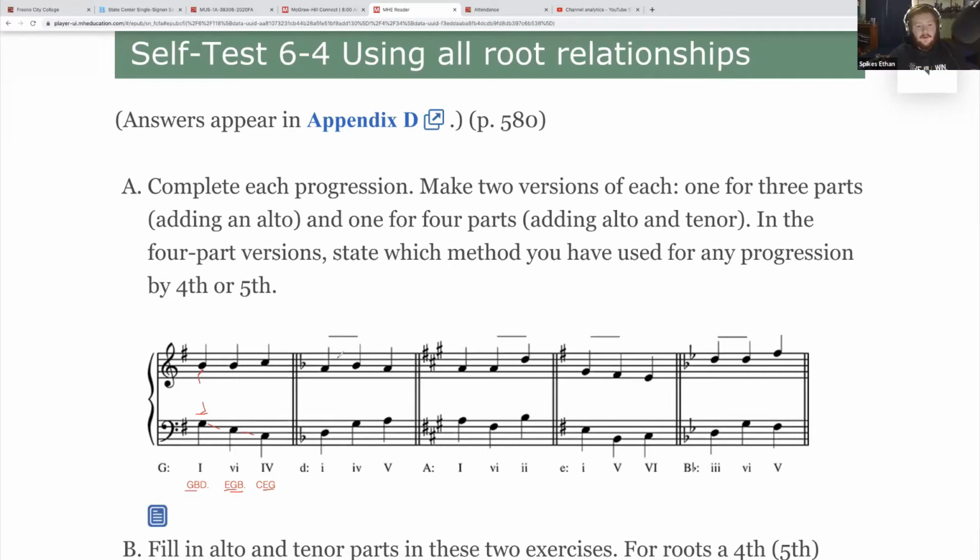Couldn't you also do D below the first line and then double the G with the bass and the tenor? So you're saying this? Yeah, that could also work. That could work. Yep. Yeah, either one of those works.